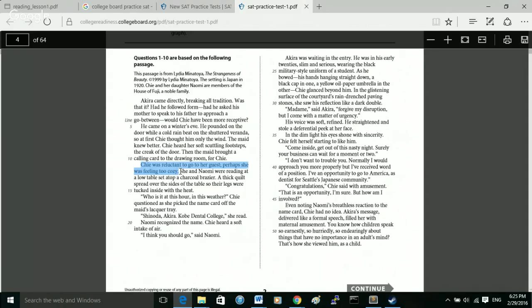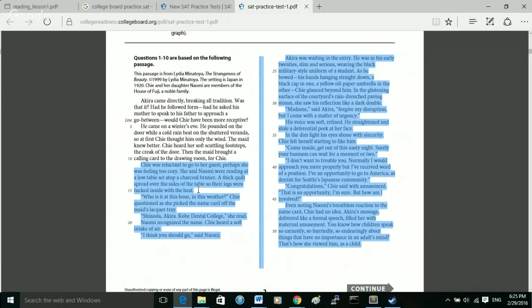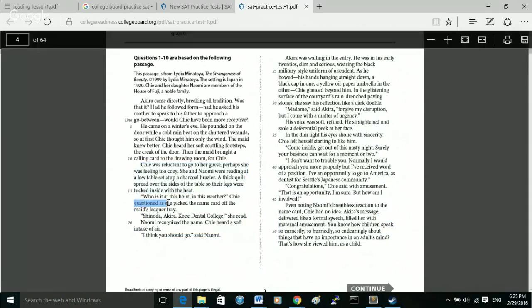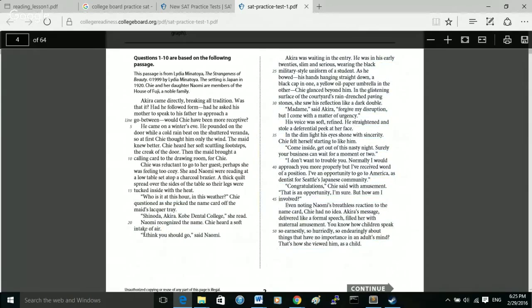Perhaps she was feeling too cozy. She and Naomi were reading at a low table set atop a charcoal brazier. A thick quilt spread over the sides of the table so the legs were tucked inside with the heat. Who is at this hour, in this weather? She questioned as she picked the name card off the maid's lacquer tray. Shinoda Akira, Kobe Dental College, she read. Naomi recognized the name. She heard a soft intake of air. I think you should go, said Naomi.